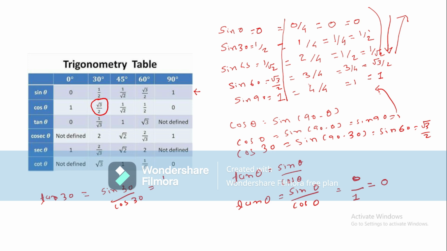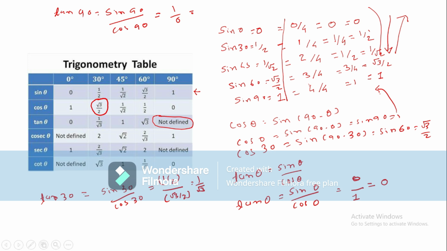Sine 30 is 1 by 2 and cos 30 is under root 3 by 2, which gives 1 upon under root 3. Similarly, we can derive all the values over here. Tan 90 is not defined, because tan 90 is equal to sine 90 divided by cos 90, which is 1 upon 0, which is undefined. Right? So that's why it's not defined.